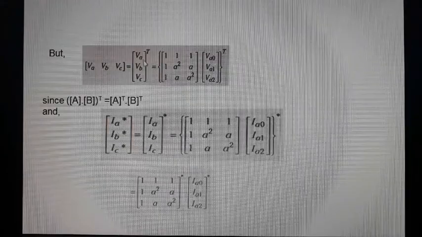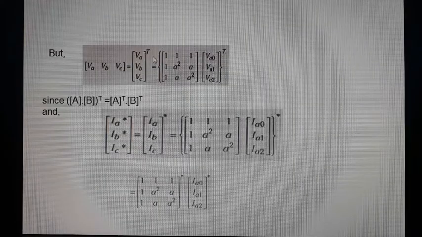Va, Vb, Vc transpose can be written as the matrix 1 1 1, 1 a square a, 1 a a square, times Va0, Va1, Va2, whole transpose. And we know that (AB) transpose is B transpose into A transpose.